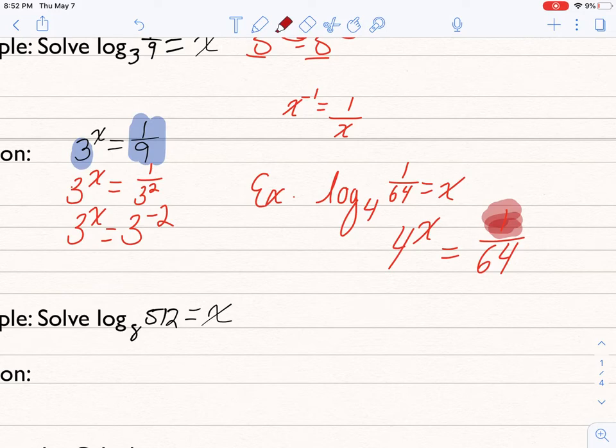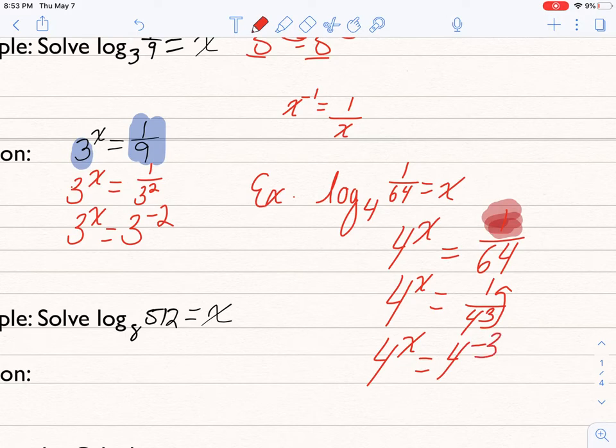4 to what power gives me 64? Well, that would be 4 to the third. So if I want to move that 4 to the third up top, I would have 4 to the x equals 4 to the negative third.